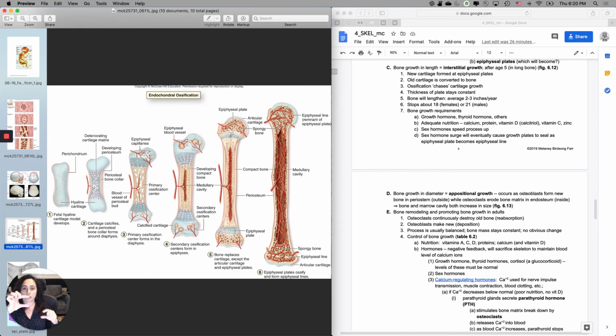It will speed up both cartilage growth and ossification, but it'll speed up ossification a little bit more. So the plate thins and thins, and then the plate seals. It is the sex hormone surge that eventually causes your growth plates to seal, and your epiphyseal plates will become the epiphyseal lines.